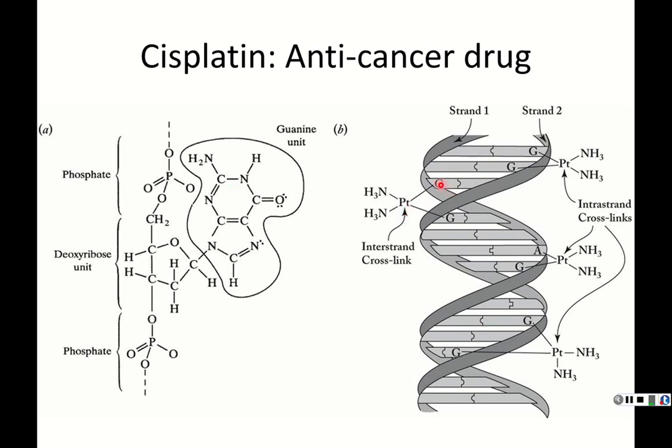It binds via those chlorines, so it can get rid of the chlorines and bind to the guanines, where there are guanines fairly close together. By doing this, it makes what's known as an intrastrand crosslink. You can think of this as just mucking up the structure of the DNA.